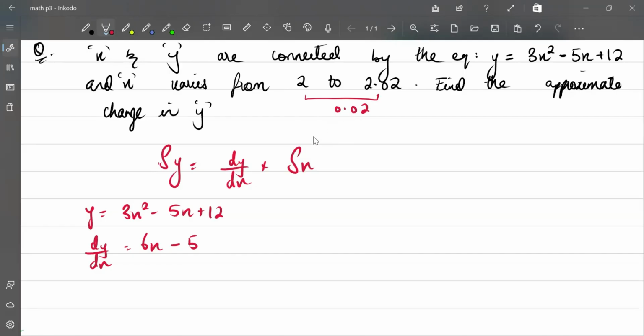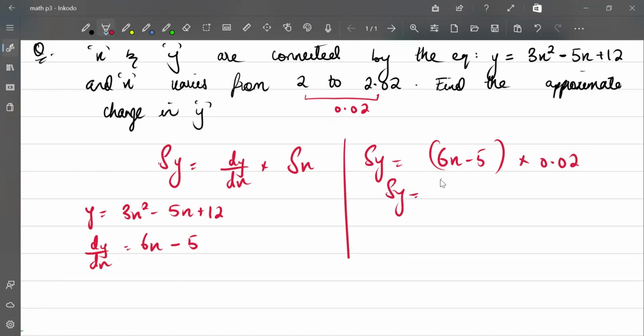So what would be the small change in y? So let's just calculate it. Small change in y is equal to dy over dx, right, into small change in x, that is 0.02. The small change in y is 6 into, you can see the value of x is 2, from which it changes to 2.02.